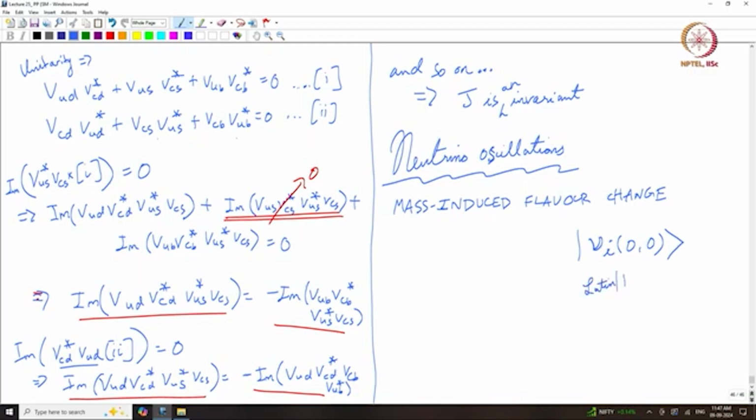So Latin or Roman indices like i, j, k stand for the mass eigenstate of the neutrinos, and when I use Greek indices like alpha, beta, gamma, that stands for the flavor eigenstate.